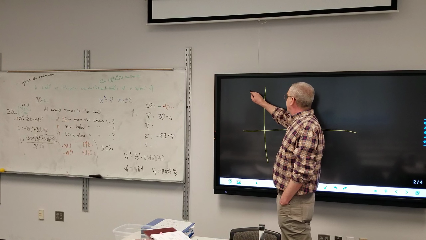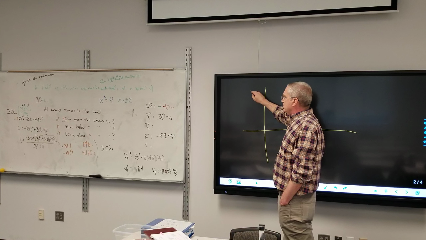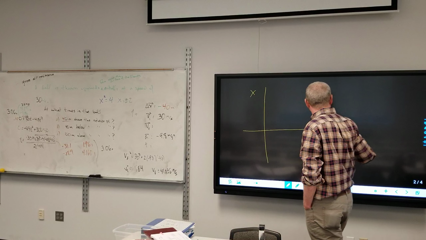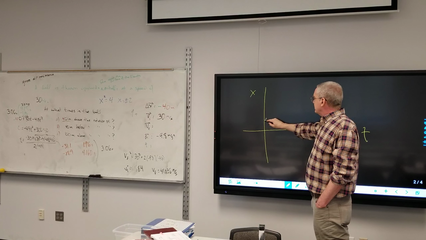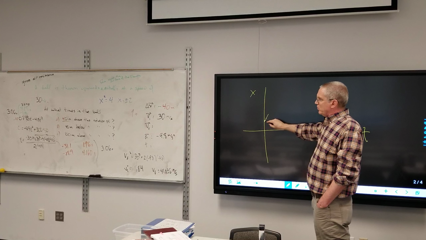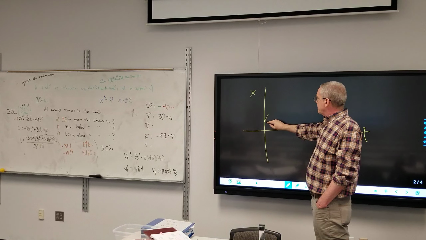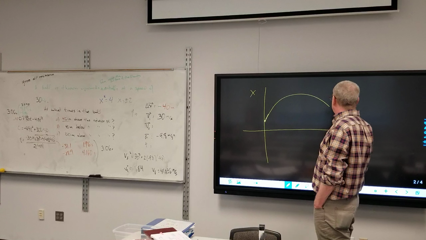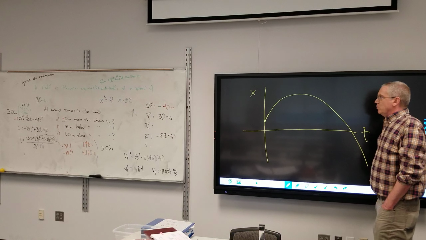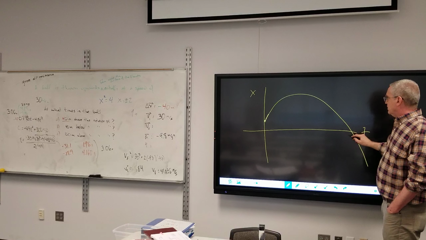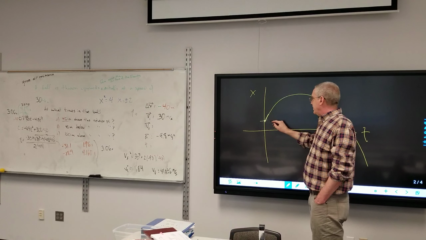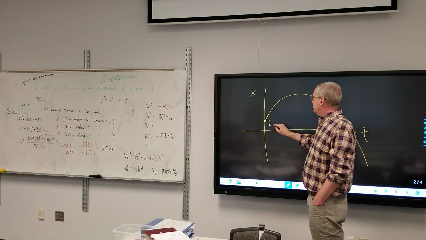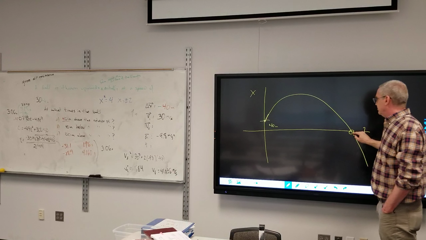So if I have, in essence, position versus time, it's going up. So at this point right here, the slope is 30 meters per second, comes up and goes around. So the correct answer would be that spot right there, where that is 40 meters above that.